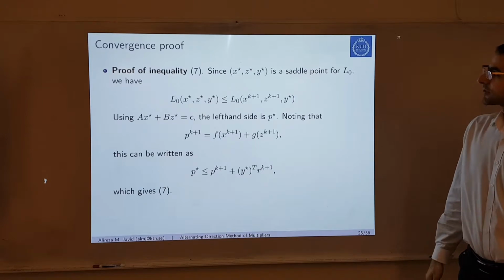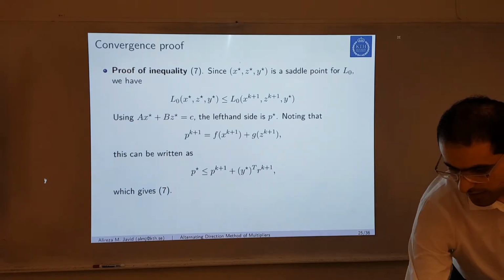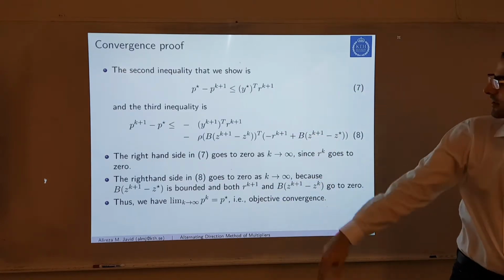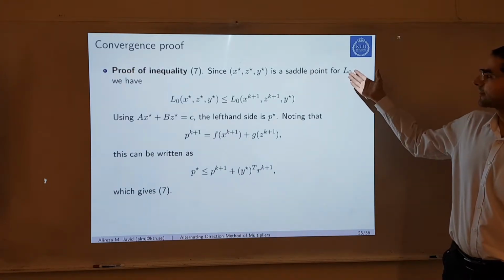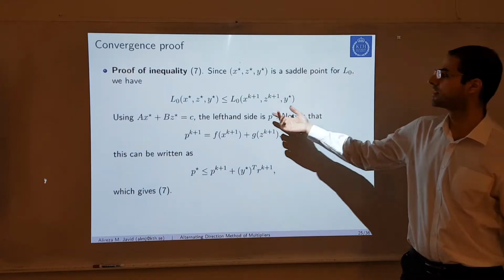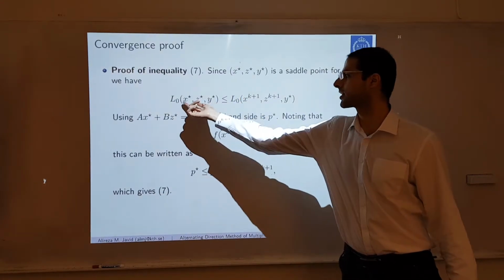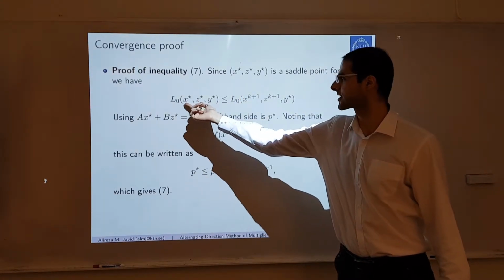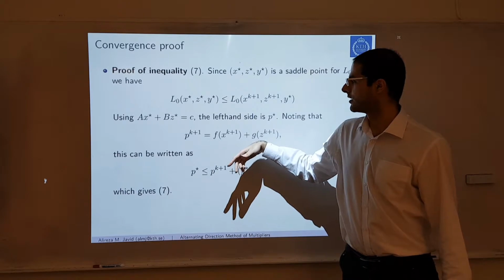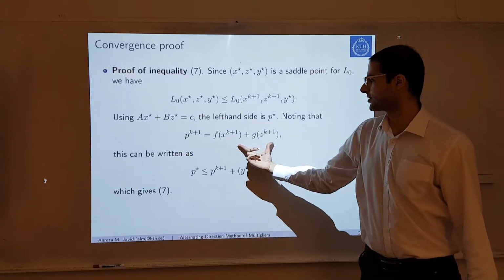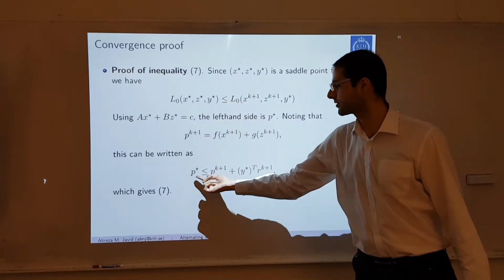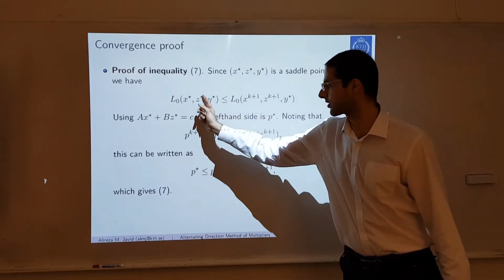We start from the simplest one, inequality 7, that you see here. We use the assumption that we have on saddle point level 0. We assume that this is true. We have a minimum point over the x and z plane. So we can just simply write pk plus 1, this is the definition. And by using this inequality, we can write that this is p star actually.